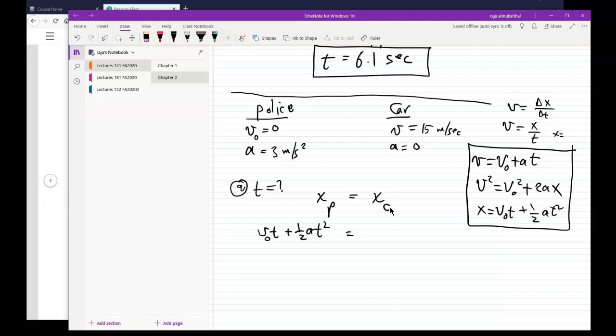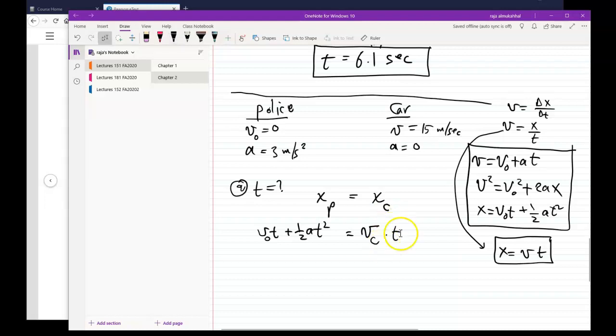Again, I reached the end of my window, it is very short here. Anyway, I'll just put it here. x equals vt. Simplest equation. I'm sure you've seen it before. So I'm going to use that. So x sub c here is basically v for the motorist, the car, times t.